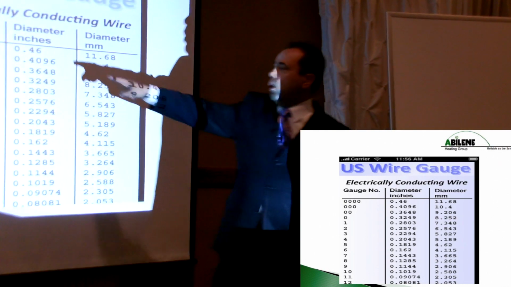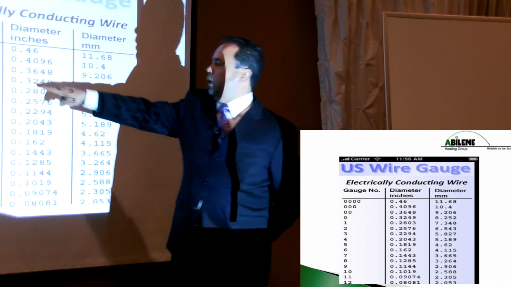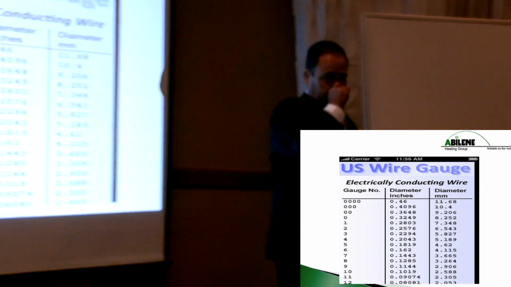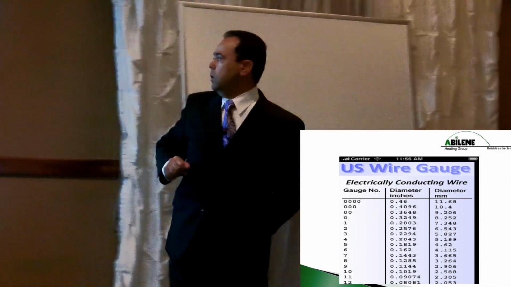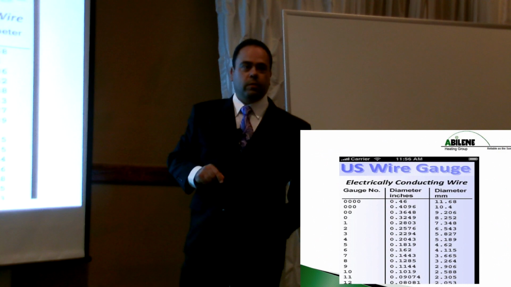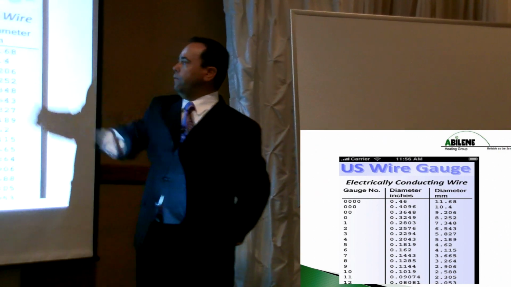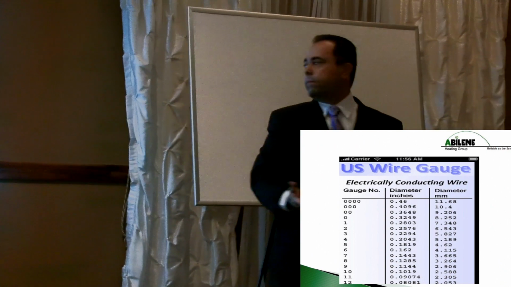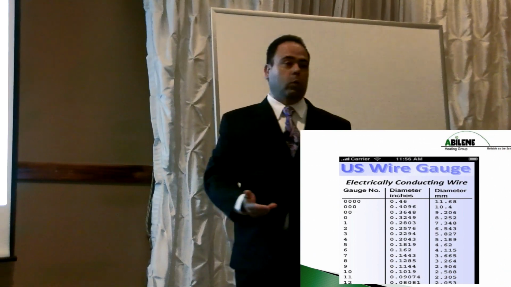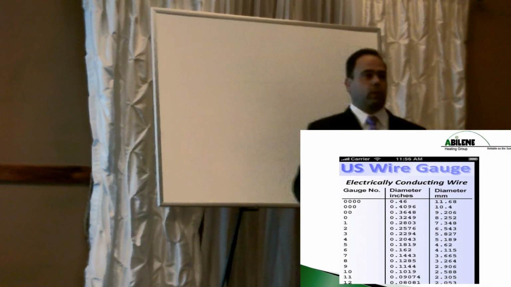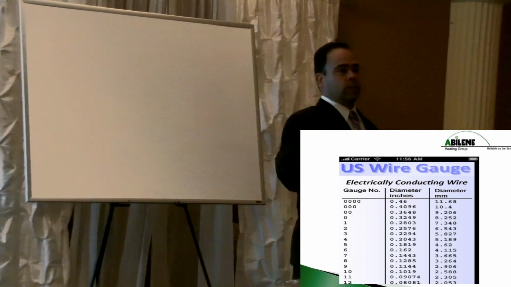All right, so 4/0 as opposed to 1/0, which is smaller, it's like a third of an inch in diameter, or 8.25 millimeters. It's smaller than the 4/0. The 4/0 obviously can carry more current safely than the 1/0, right? Pretty simple, right? Just like pipe sizes.